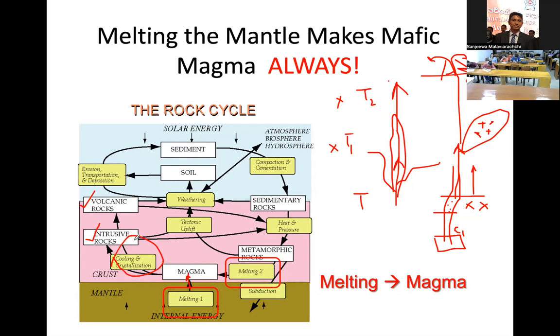So like this, the melting of the mantle makes magma, and this magma has variable composition.